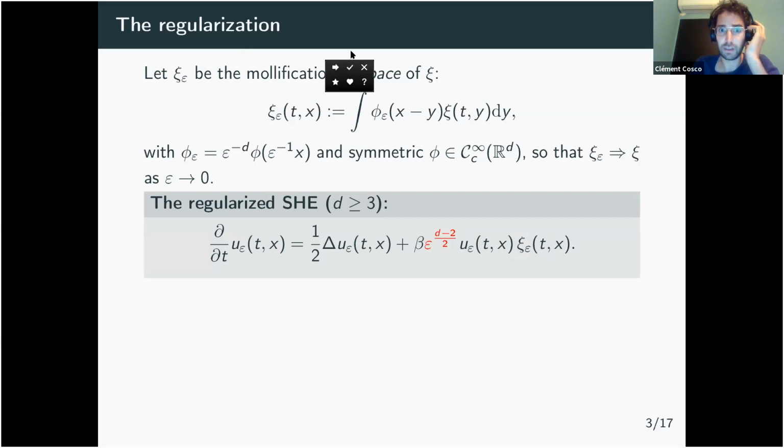So now if you take the regularized noise, then actually this equation is well defined. And in higher dimension, where I will focus the talk, you will also take another term which you multiply the noise by, this epsilon to the (d minus 2) over 2 factor. I will come back to that a bit later.